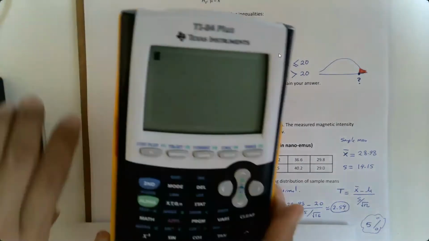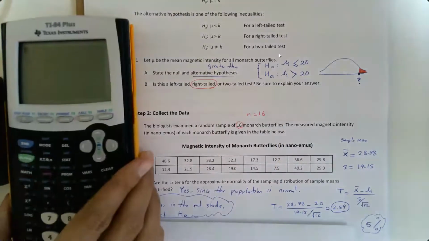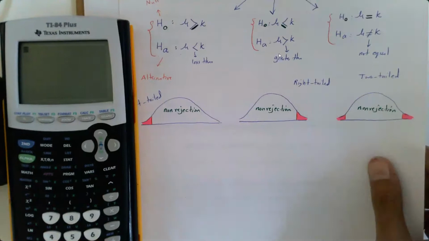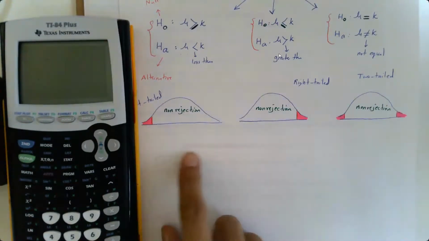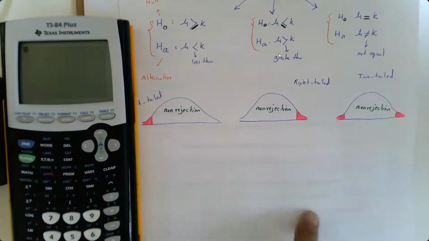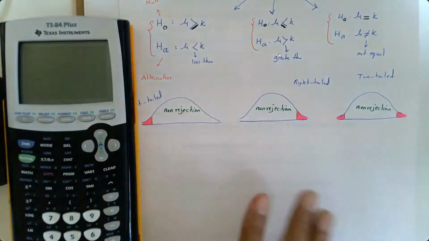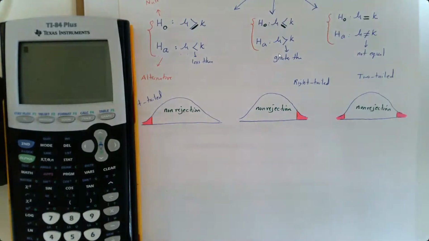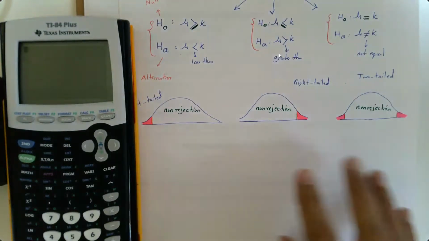Okay. Take a look at your calculator, the instruction that you need to use. I'm going to write that down here. The instruction how to use your calculator. So when you are using your paper to decide which one of these scenarios to use, and then you have your calculator instruction down here.